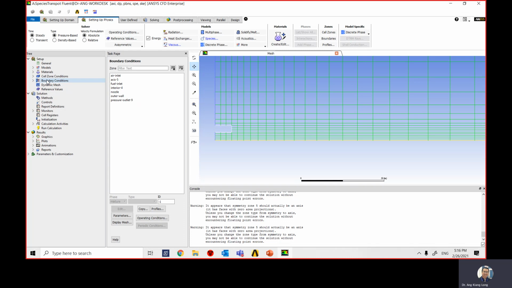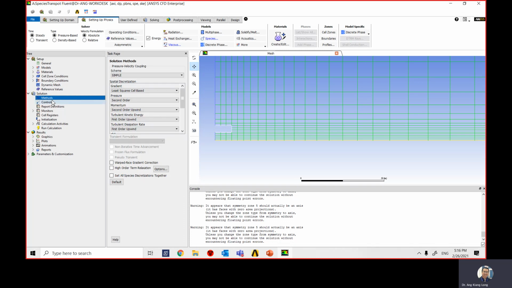So the first case we are running here will ignore the NOx pollutant formation. After we get one cycle of results, later we'll perform additional analysis for the pollutant formation, which is your NOx pollutant.